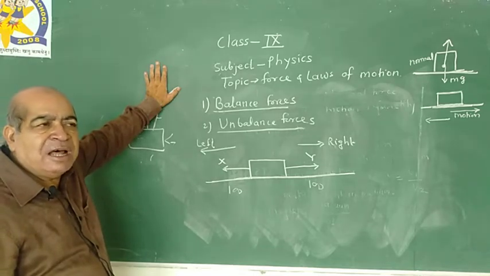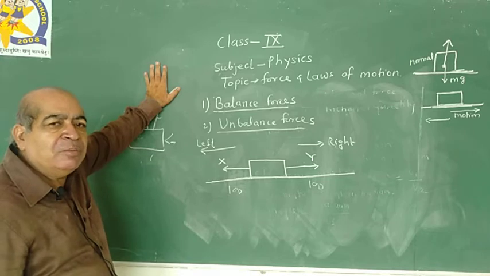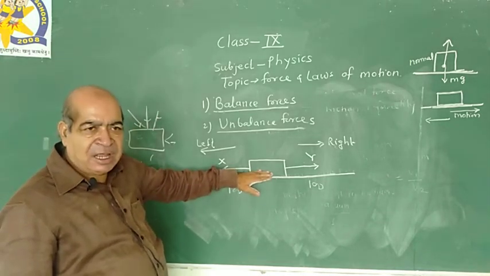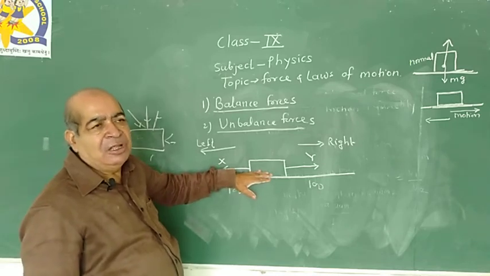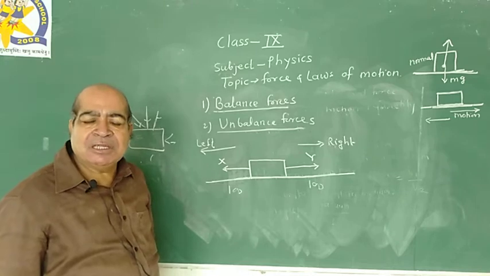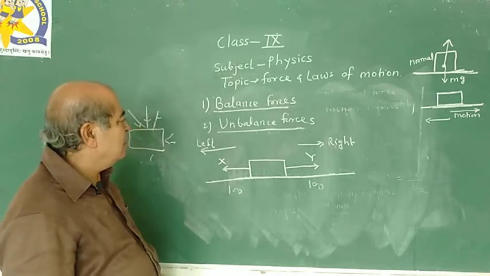There are two types of forces: one is called the balanced forces and the second is unbalanced forces. Balanced forces are defined as when two or more forces are acting on the object simultaneously and they do not change the state of rest or the state of uniform motion of the object.